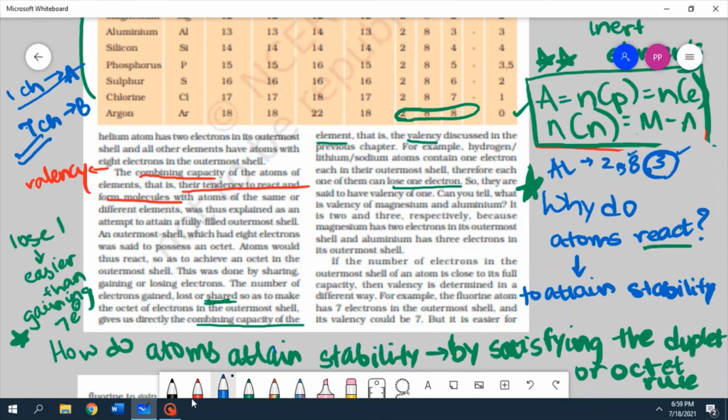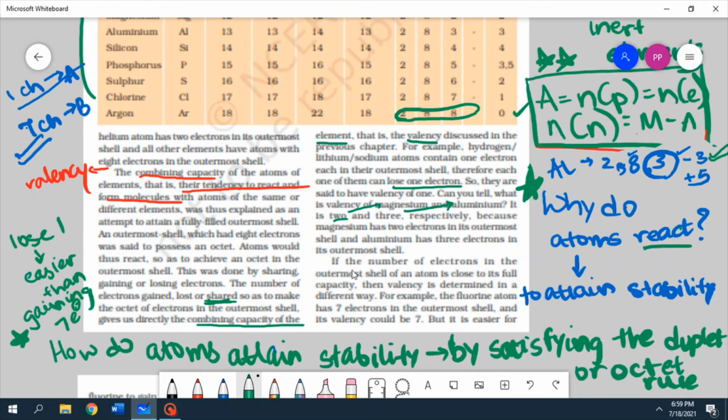So would it be easier for aluminium to lose 3 electrons or gain 5 electrons? Again, based on the example of the transfer of chocolates, it would be easier to lose 3 electrons, which is why aluminium would have a valency of 3. Alright, see, it's 2 and 3 respectively. Magnesium has 2 and aluminium has 3, because magnesium has 2 electrons in its outermost shell and aluminium has 3 electrons in its outermost shell.